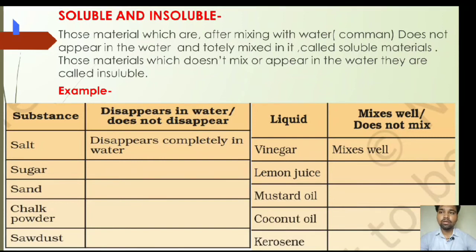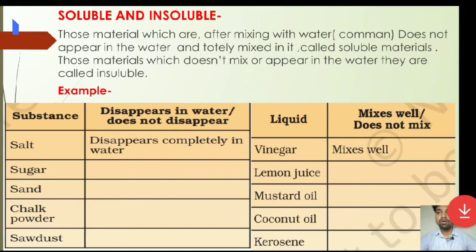For example, if we take sugar, when in the summer we wish to make any kind of juice or any kind of material which is made of sugar, then as we put the sugar into water, the sugar mixes into the water and takes the color of water, and we don't see the sugar in the water.